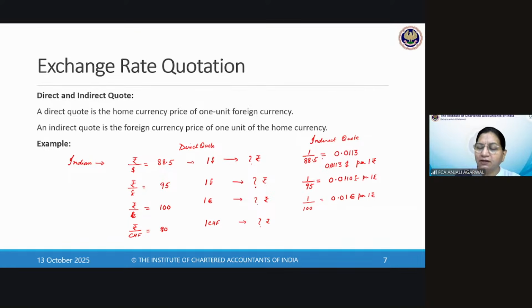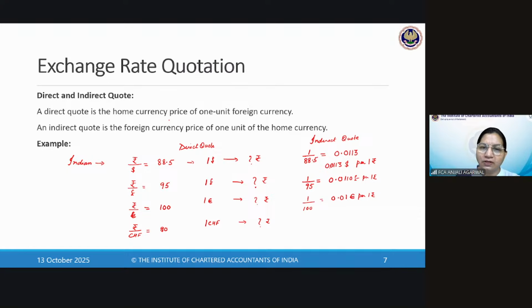But very logically, this indirect quote for an Indian becomes a direct quote for an American, for a Britisher, and for any European nation. Is it making sense? This is how you have to make the calculations.